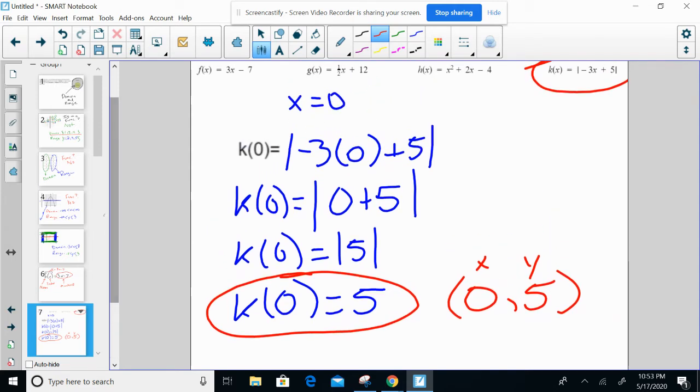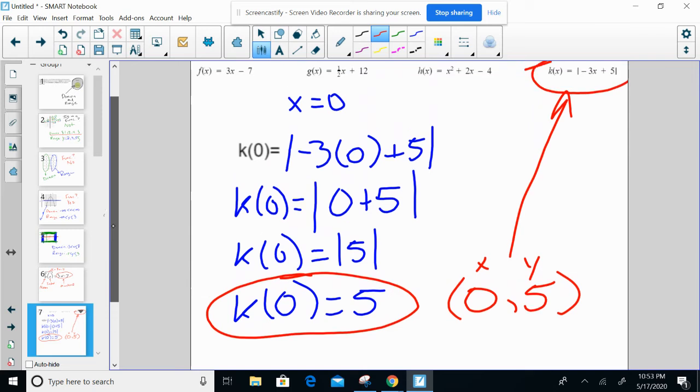So we found our function that we wanted to use, k of x, and we plugged in a 0. We replaced every x with a 0, and what came out was a 5. So the point (0, 5) is on the graph of this function. All right, let's go to the next one.